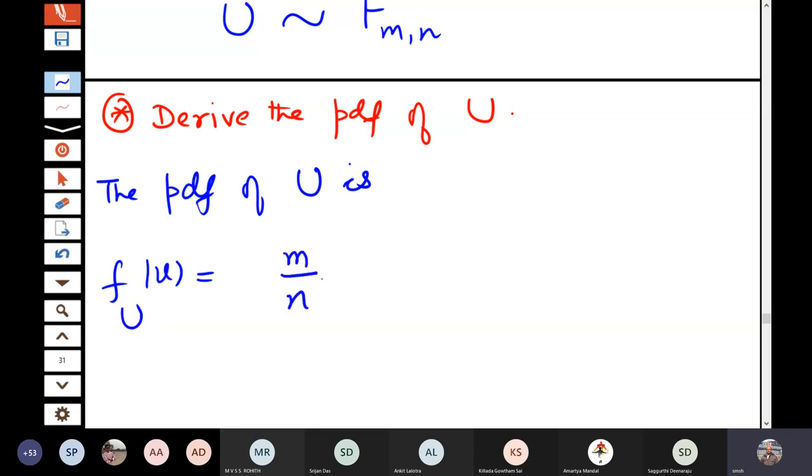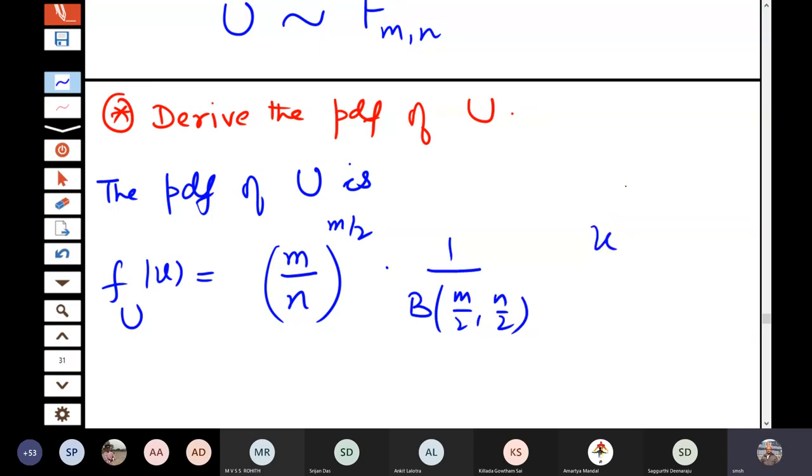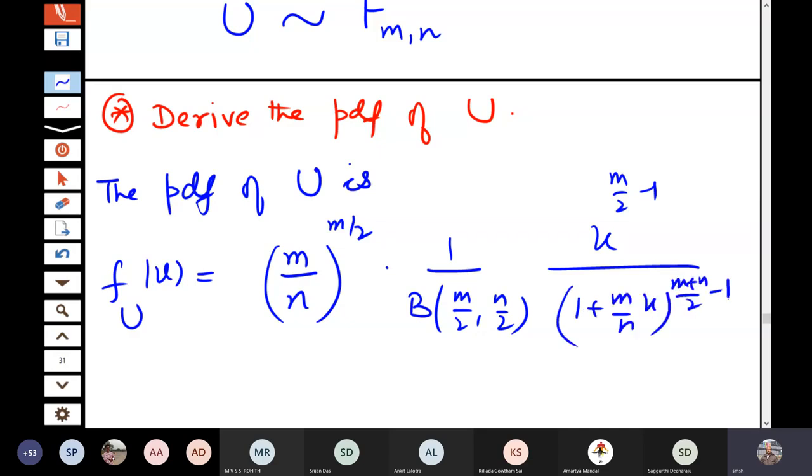The density is (m by n) to the power m by 2, 1 by beta(m by 2, n by 2), u to the power m by 2 minus 1, divided by (1 plus m by n u) to the power (m plus n) by 2. No, there is no minus 1 here. Okay.